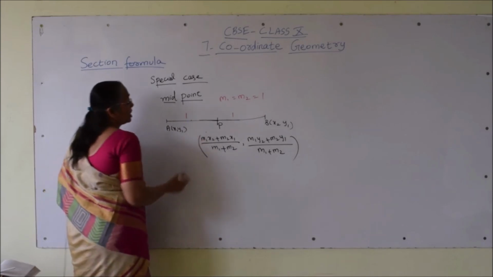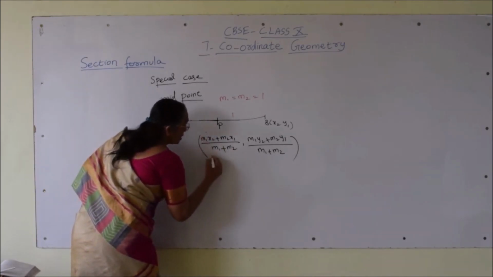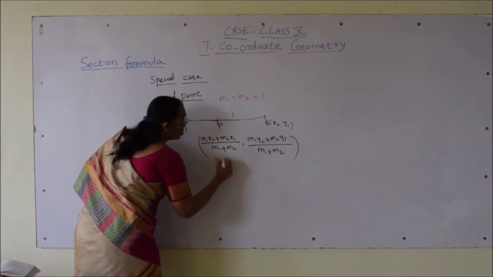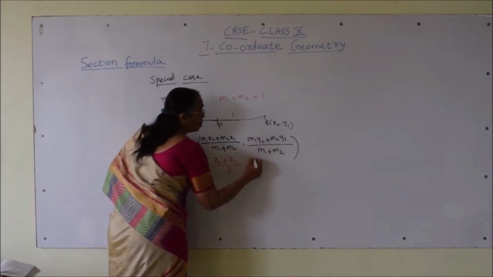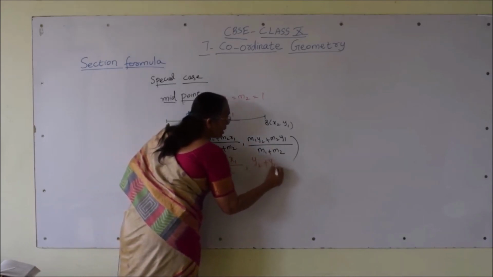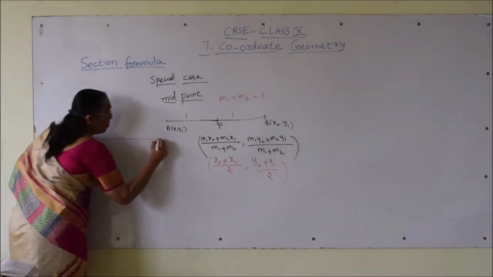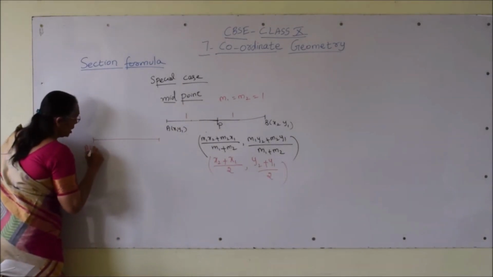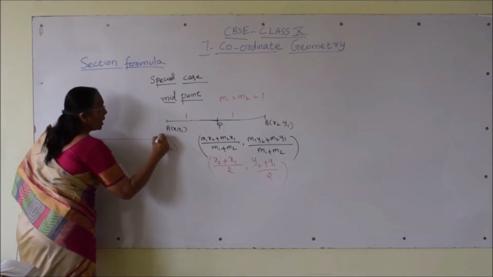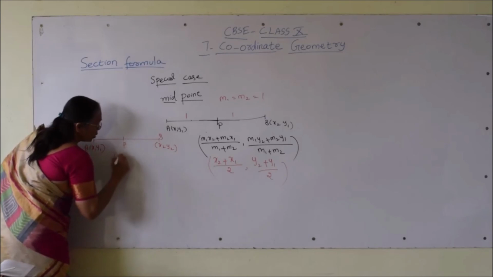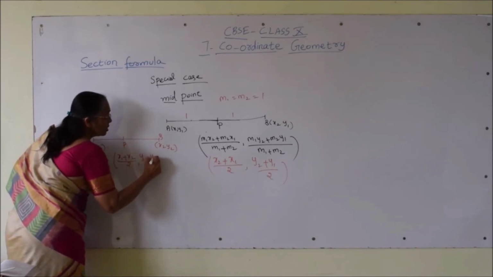Substituting 1 in the place of m1 and m2, 1 into x2 is x2, 1 into x1 is x1, so we get (x2 plus x1) by 2, comma, (y2 plus y1) by 2. Or we can say the midpoint of a line segment joining the points (x1, y1) and (x2, y2) is given by (x1 plus x2) by 2, comma, (y1 plus y2) by 2.